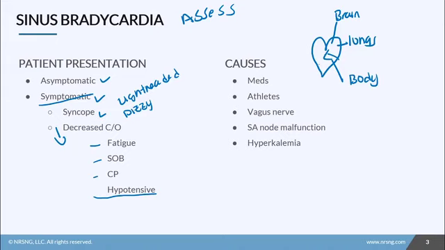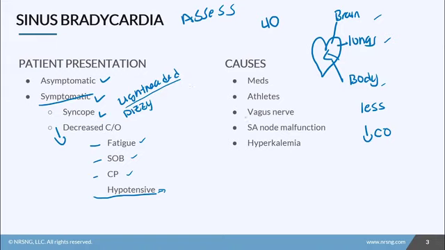So whenever the heart is beating at a rate of about 40 beats per minute, it's not contracting as often as it should, so it is sending less blood to these organs that need it. Because of that, cardiac output is decreased. And this is why people complain of being fatigued, short of breath, and having chest pain. This is why they become hypotensive and lightheaded.